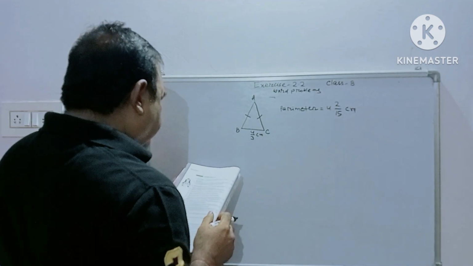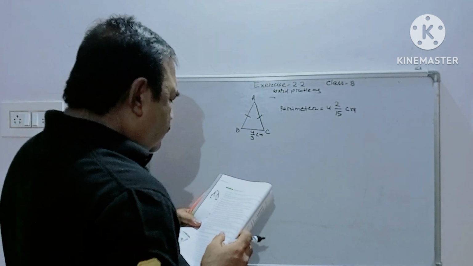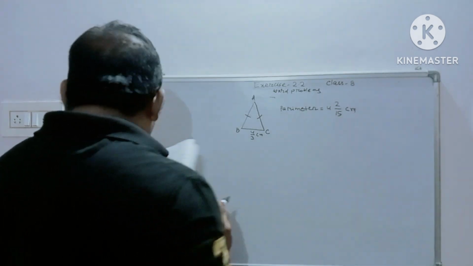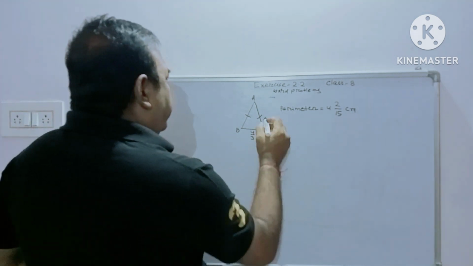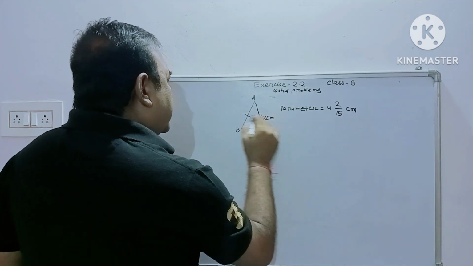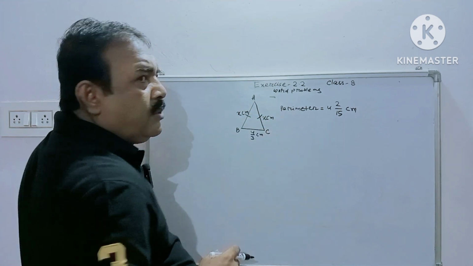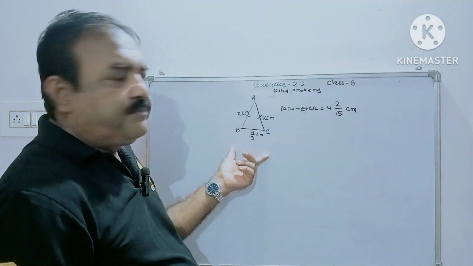And we have been asked to find the length of either of the remaining equal sides. So let it be x centimeter. So it will be x centimeter. So what is the perimeter? Now we will have to add the 3 sides.